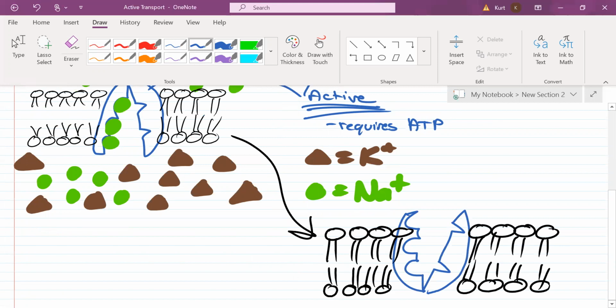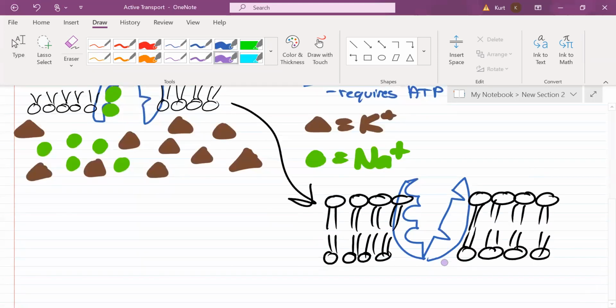It's going to change its orientation because it now has a phosphate. That little purple dot there is a phosphate, and I will elaborate on that phosphate momentarily, but just know that that phosphate belonged to ATP. And ATP is energy. This is what the mitochondria produces. It's why the mitochondria is called the powerhouse of the cell. You've been hearing that since middle school. It makes ATP, which is cellular energy.